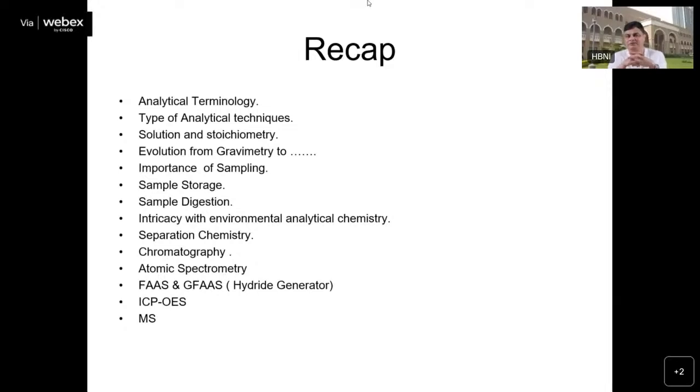And then we have the graphite furnace. What is the basic difference between the graphite furnace and these others? The sensitivity. High sensitivity is achieved in the case of graphite furnace. And one more major advantage, which I do not know whether you were able to capture during that lecture, is that you can work with a very small volume.